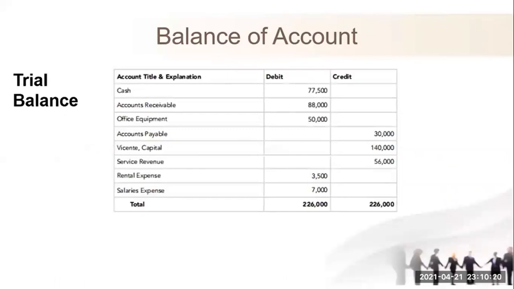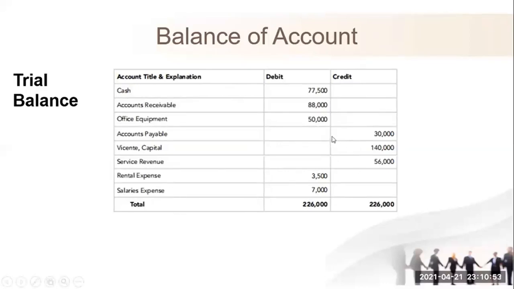Ayan, so after natin ma-solve yung mga general journal natin per account, i-consolidate na siya, no? Ito yung tinatawag na trial balance or unadjusted trial balance. Ayan, so meron tayong cash, and then yung mga accounts receivable natin, office equipment na debit, ayan, nakuha natin to sa general ledger, okay?